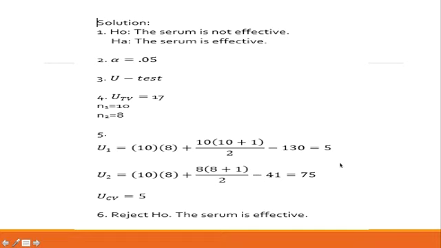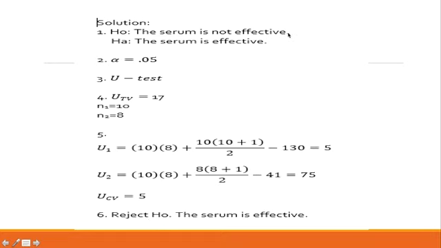So that, if we simplify, the answer is 5, and the other answer is 75. Between 5 and 75, 5 is obviously less than 75. Then, the computed value, according to the rule, is the smaller of the two values between U sub 2 and U sub 1, and that is 5. And 5 is less than 17, so we reject the null hypothesis according to the decision criterion.